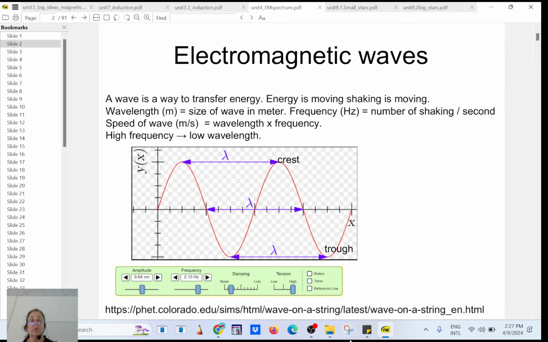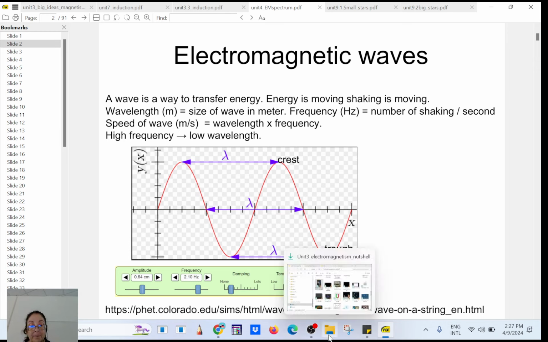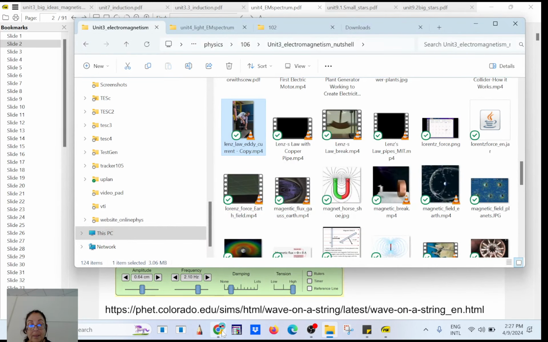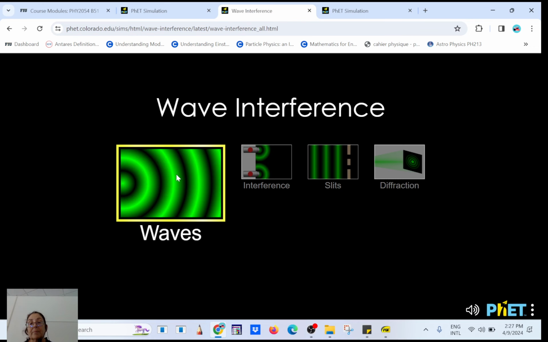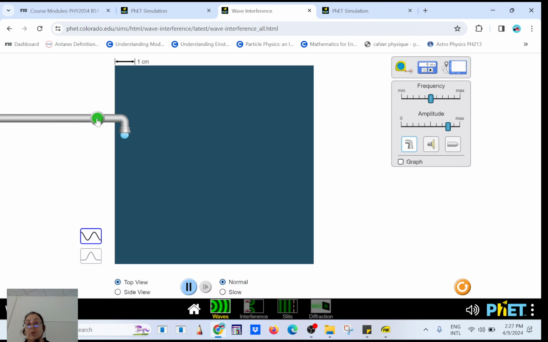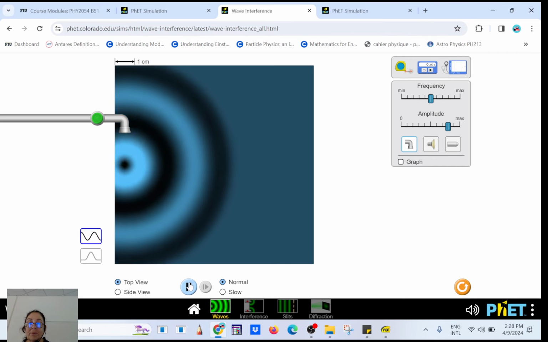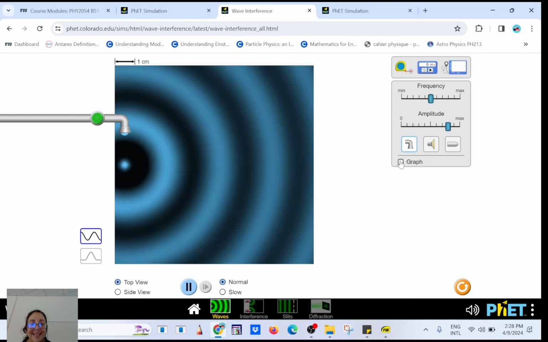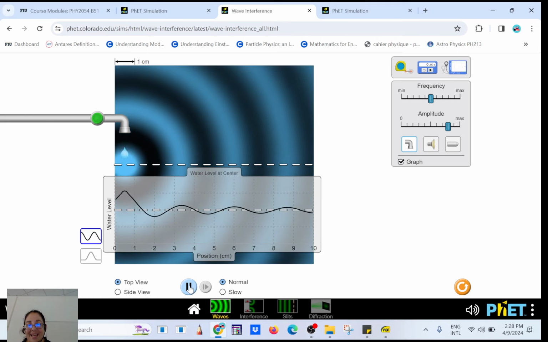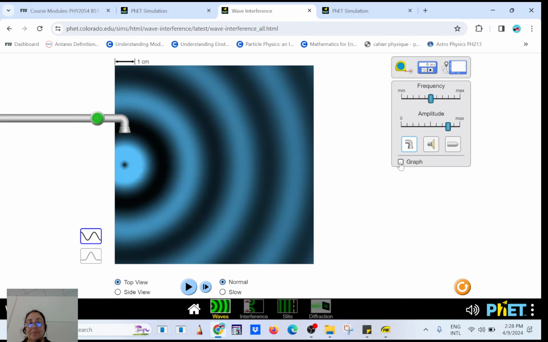So I'm going to show you an app. I'm going to make a water wave. So you see, that will be a crest and that will be a trough.